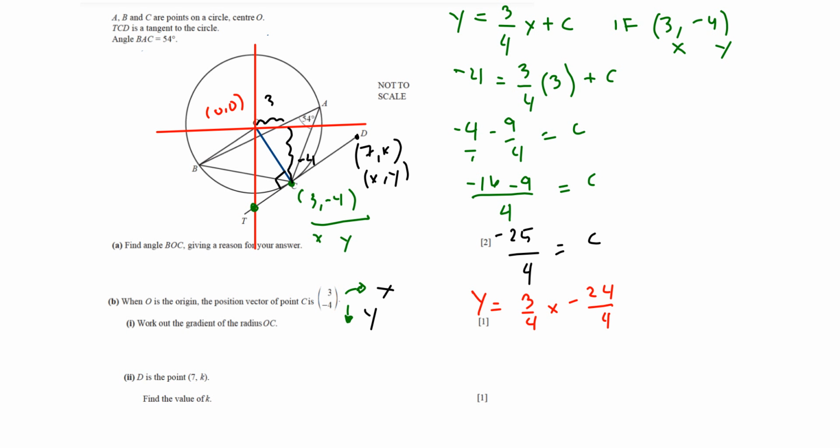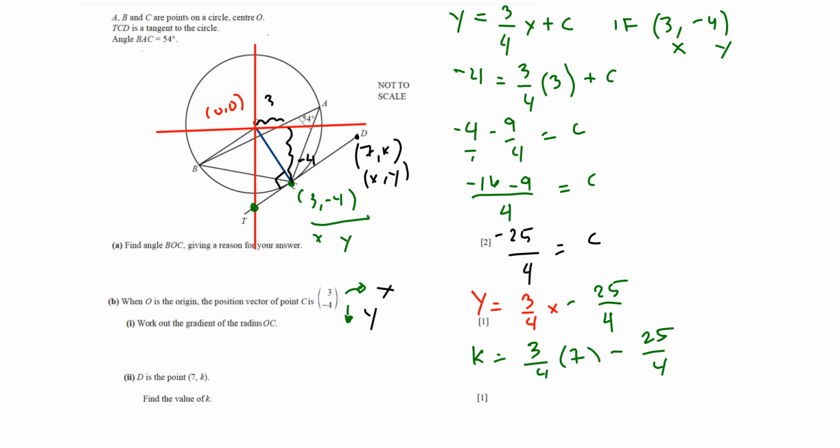Now we can find k if we substitute 7 as the value of x. So k equals 3/4 times 7, minus 25/4.